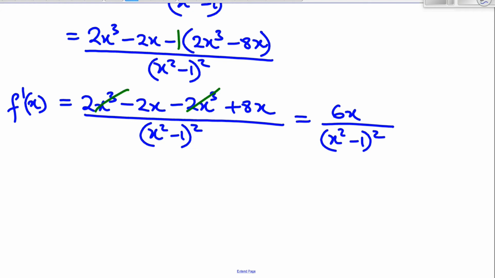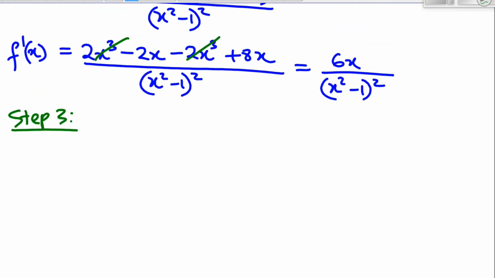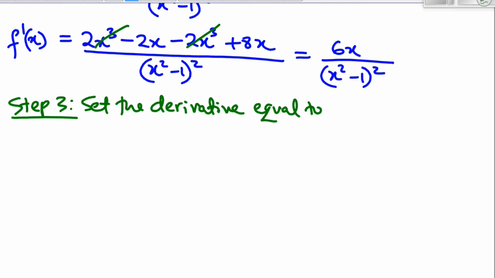So step 3 will be set the derivative equal to 0 and solve for x.